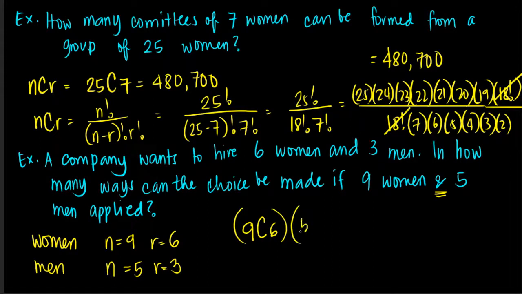So, this becomes 9C6 times 5C3. Let me grab my calculator. 9C6 times 5C3 is 840. So, there are 840 ways that the company can hire 6 women and 3 men out of 9 women and 5 men.